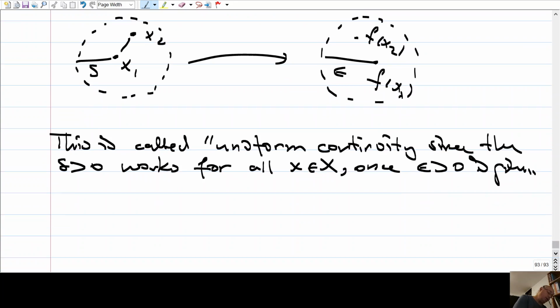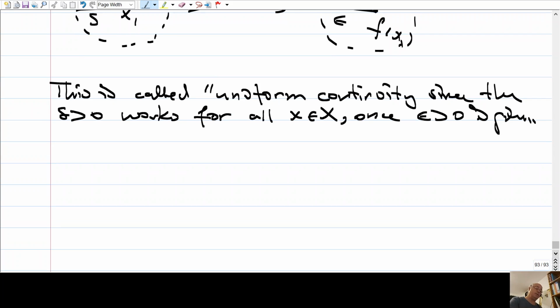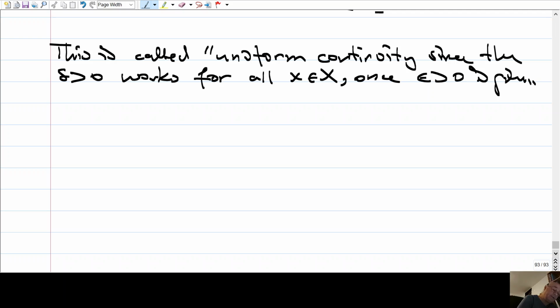Now, I said several times that this continuity is different from the usual continuity. Let's see an example of that.